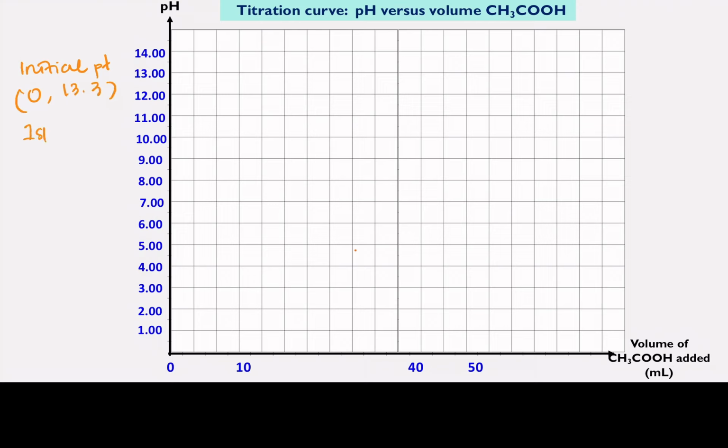First addition, you have 10 and 12.9. Equivalence points, you have 20 mils and 9. Okay, for pH.